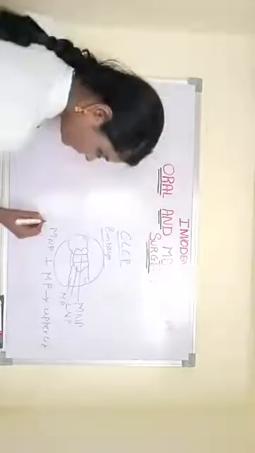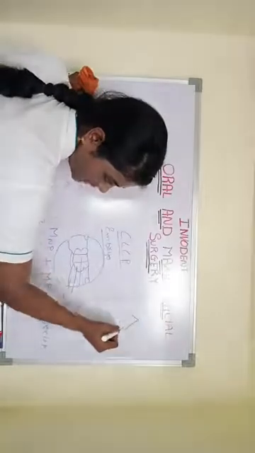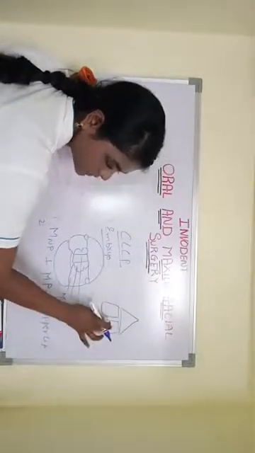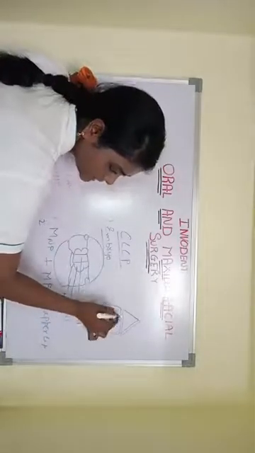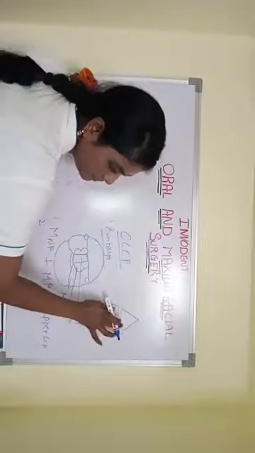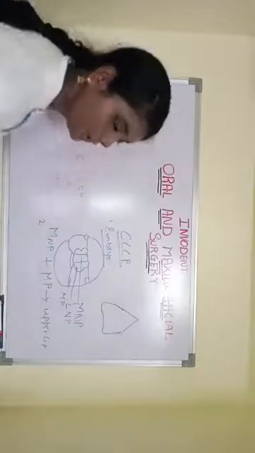Now, coming to the palate. So, this is your primary palate. These are your secondary palate shelves. The two shelves of the secondary palate will nicely fuse to form the secondary palate. And in due course, the primary palate fuses with the secondary palate. So, the complete palate is formed like this.